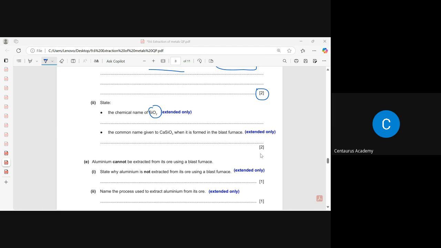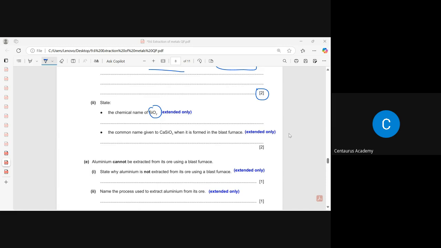Yes, Zoya. Miss, how did you get the chemical name? Everything has a chemical name. For example, calcium oxide is a chemical name. The common name for calcium oxide is lime or quicklime.